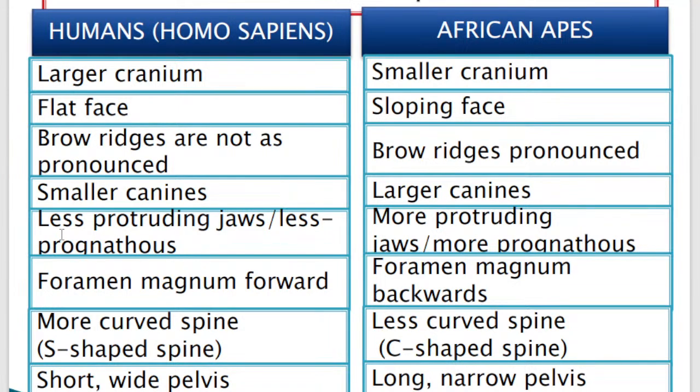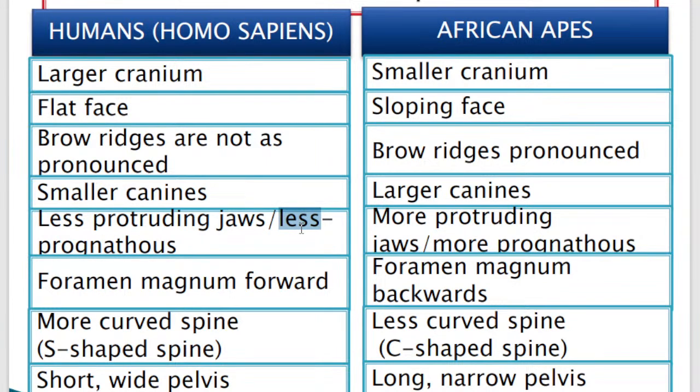And then I was saying that the canines are smaller in humans, while in the other ones the canines are bigger. Look, we have to change this. Don't say less protruding, less prognathous. Less protruding jaws, yes, the jaws are not protruding out. But don't say less prognathous. This was updated: you say it's not prognathous, or you can say less protruding jaws.